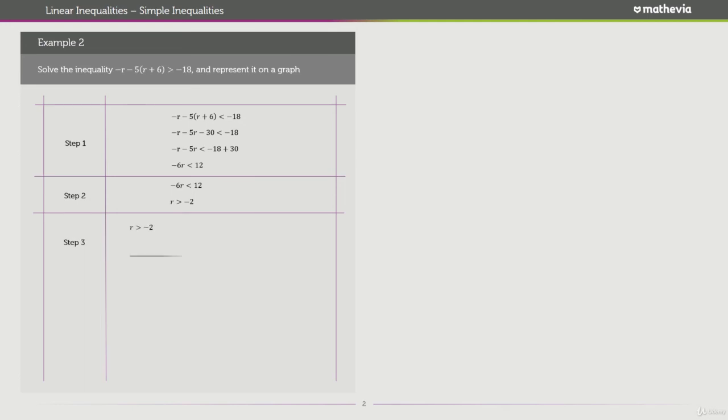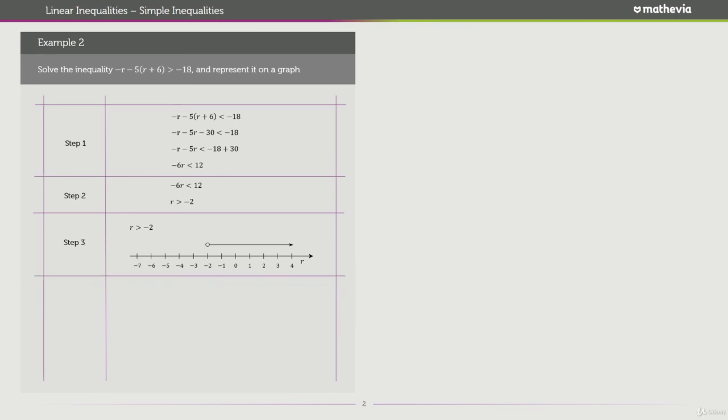We have r is greater than -2 on the number line, so we go to -2 and use a hollow circle, with an arrow pointing to the right, showing that our values are greater than -2, i.e. -1, 0, 1, 2, 3, 4, and on.